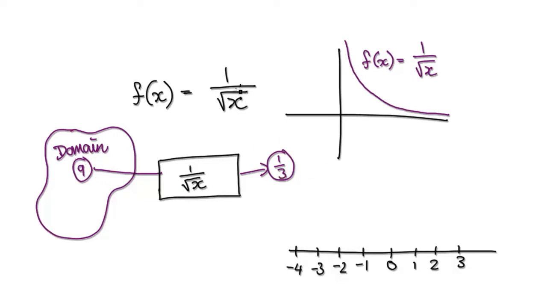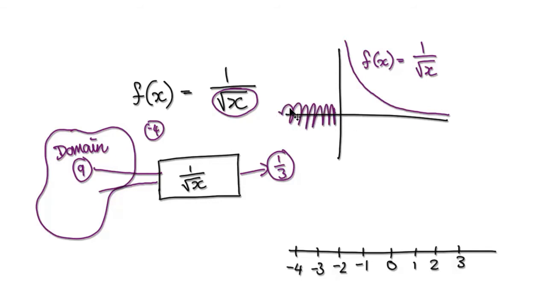But if you look at the square root, you can't really square root a negative number. So if you try and put a negative 4 into the machine, it will break down because you can't square root a negative number. So this negative 4 is not in the domain. It belongs outside of the domain. So don't go putting negative 4 in there.